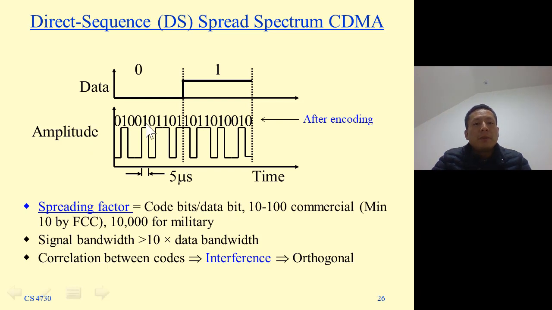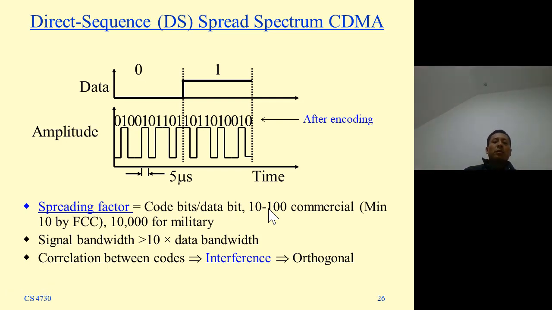The spreading factor is the ratio between the encoded data bit length and the original data bit. In commercial applications, spreading factors of 10 to 100 are very common.